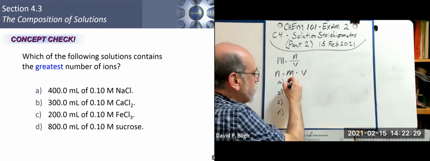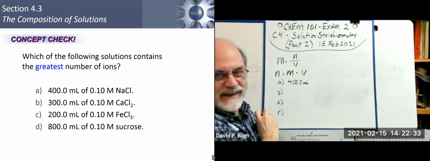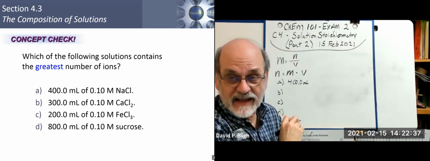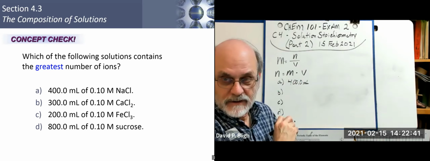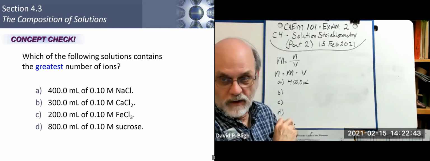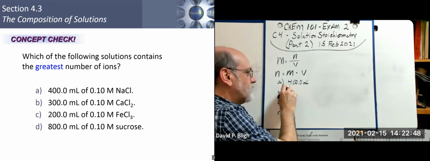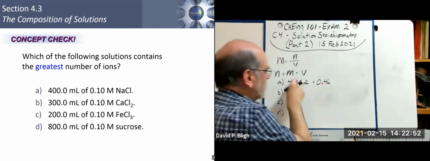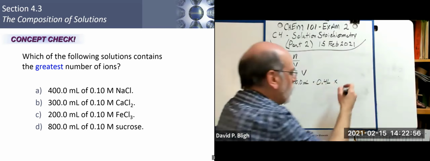Right? So if we have 400 milliliters, how many liters is that? There are 1,000 milliliters in a liter. So 400 would be 0.4 liters, 3 places to the left, times the molarity, which is 0.1.